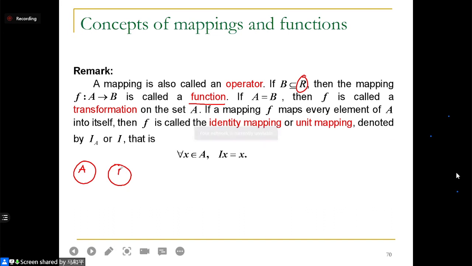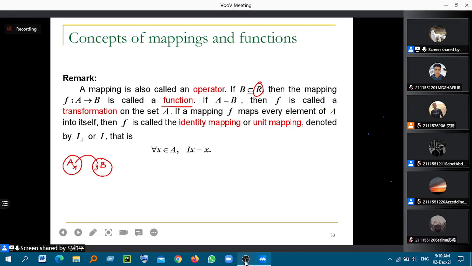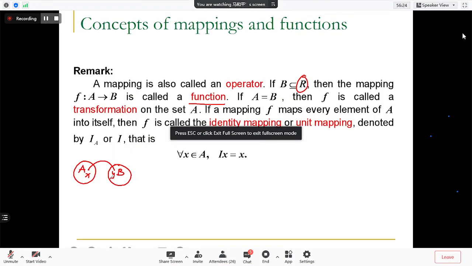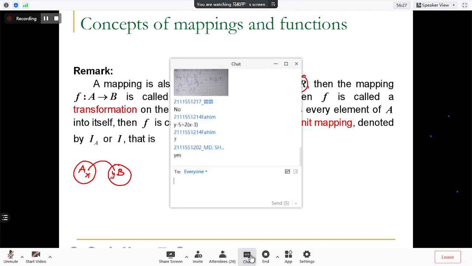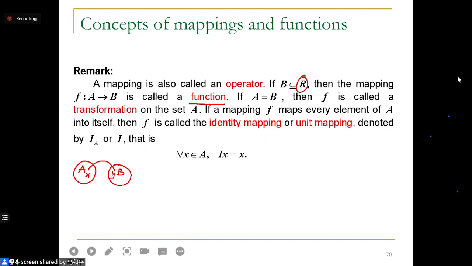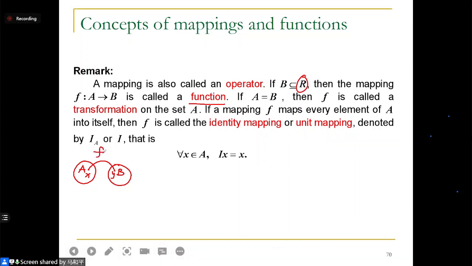So this means f is called a transformation on the set A. If a mapping f maps every element of A into itself, then this is A, f maps every element of A into itself.